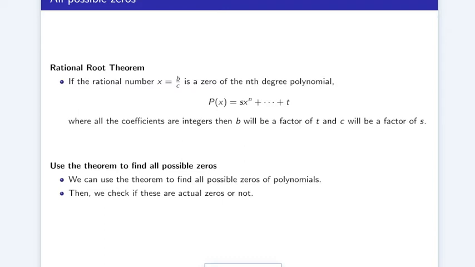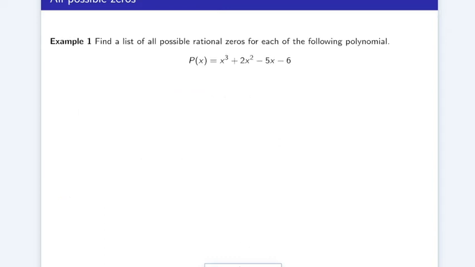We can take advantage of this theorem to find all possible zeros, and then we check whether these possible zeros are actual zeros or not. So how do we do this? If we go back to this polynomial and we don't know what the zeros are, how do we actually find them?